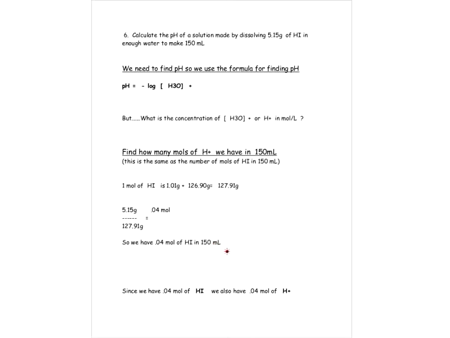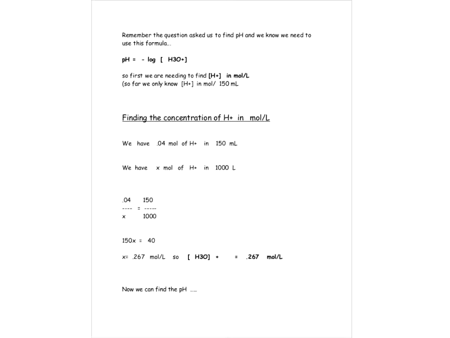We're looking for the number of moles of HI in 1,000 mils, or in other words, moles per liter, which is the same as the number of moles of H+ per liter. Since we have this many moles of HI, we also have this many moles of H+. Let's go to the next screen.